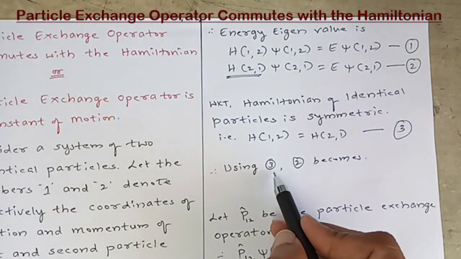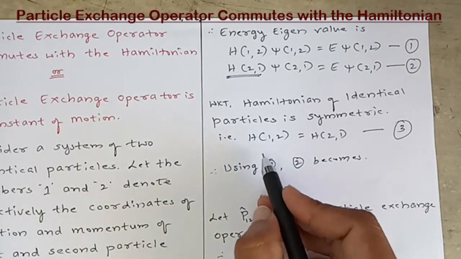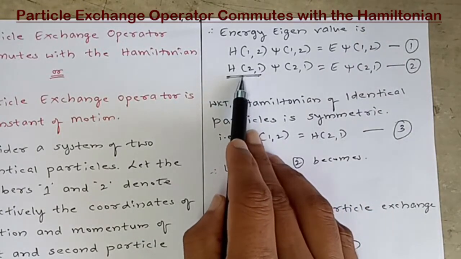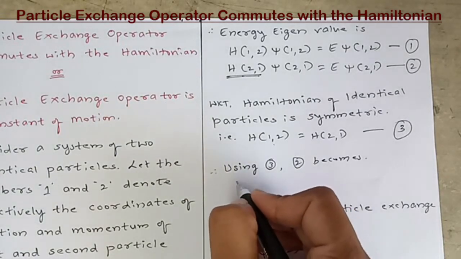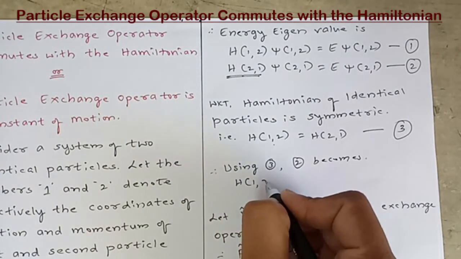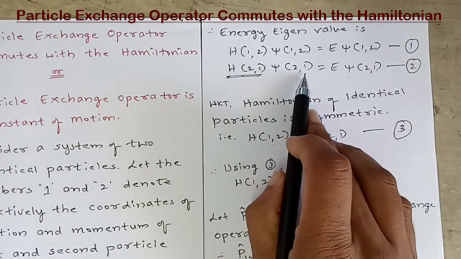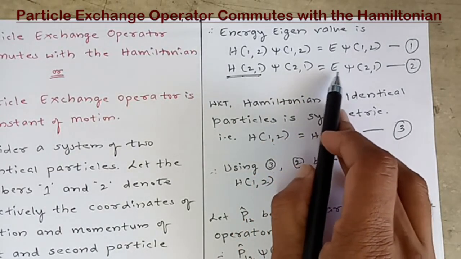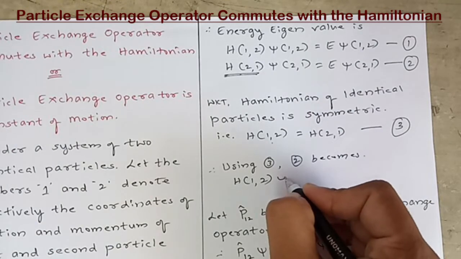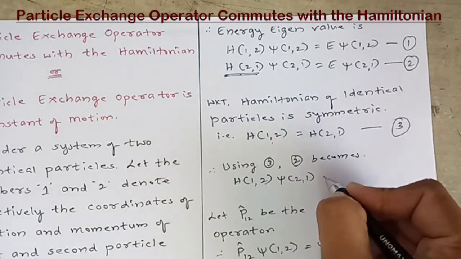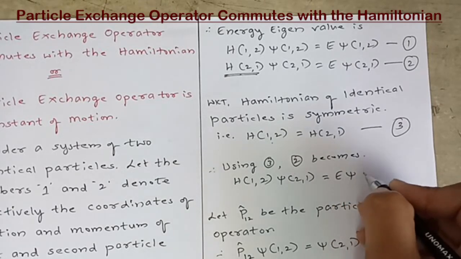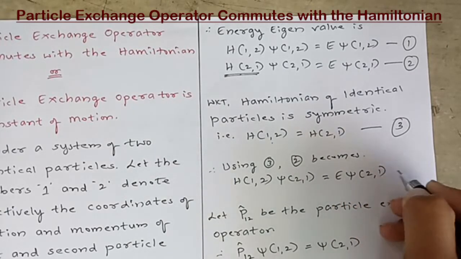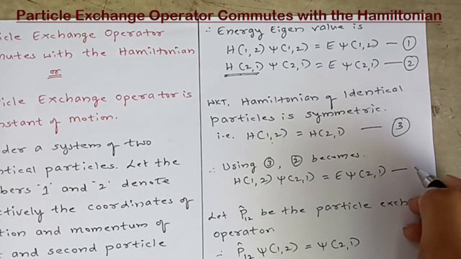So instead of H(2,1), we write H(1,2), and all other things we write as they are. That becomes H(1,2) psi(2,1) = E psi(2,1). Let us call this equation number 4.